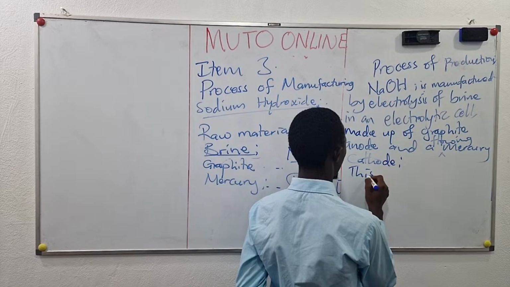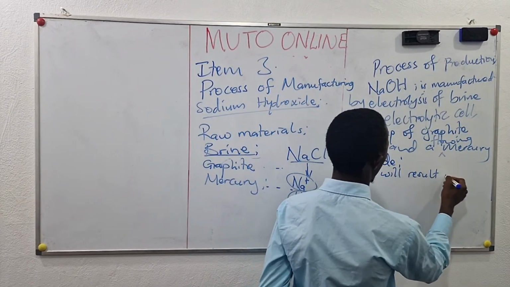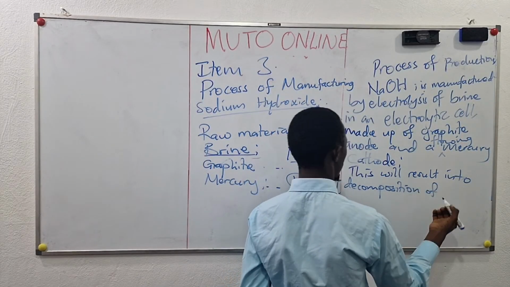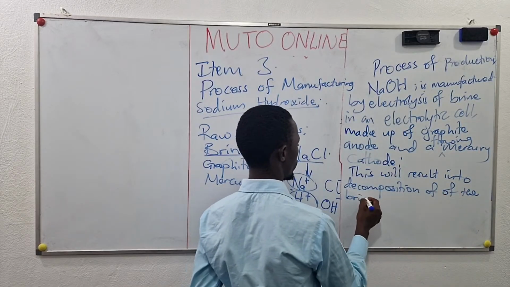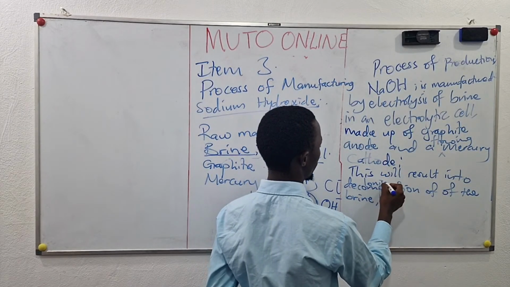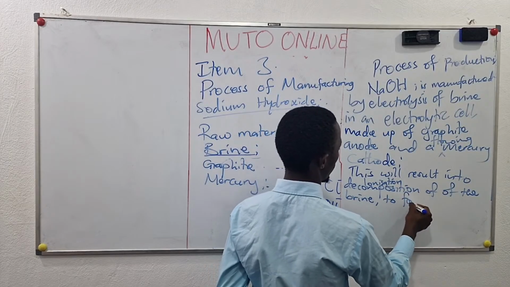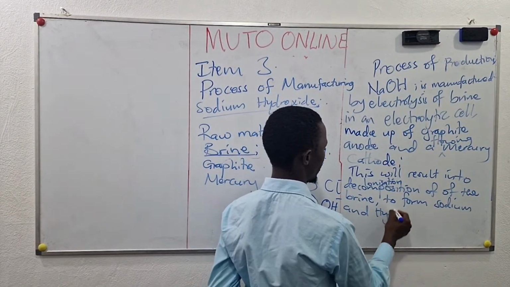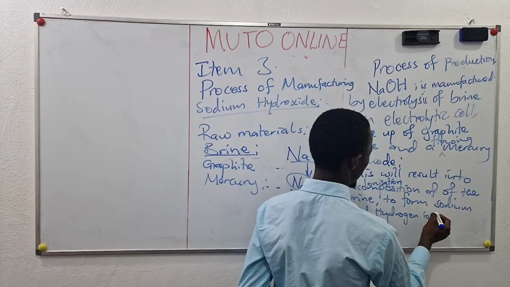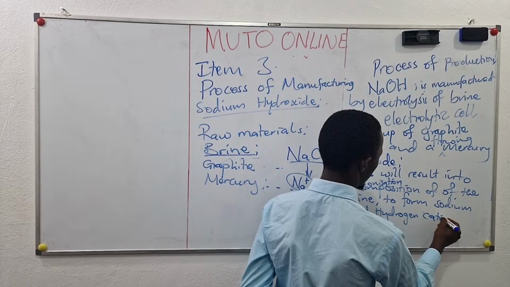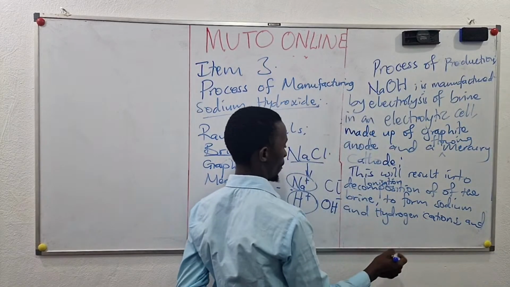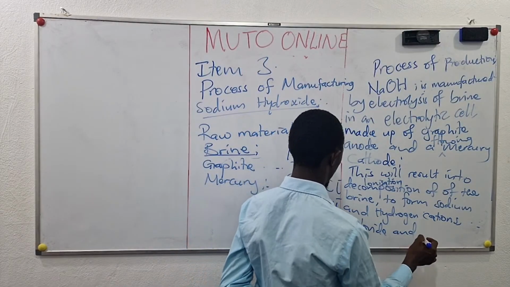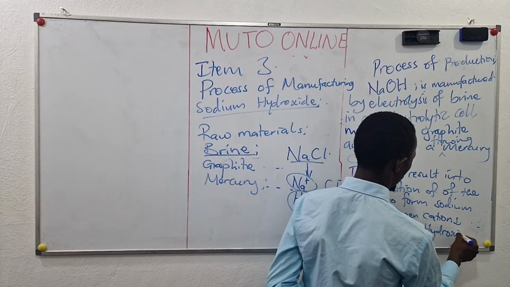So this results into decomposition or ionization of the brine to form sodium and hydrogen cations, and chloride and hydroxide anions.